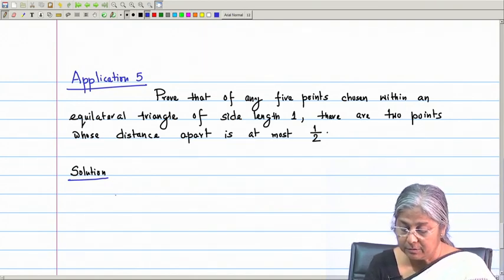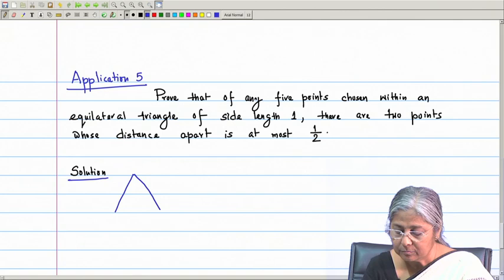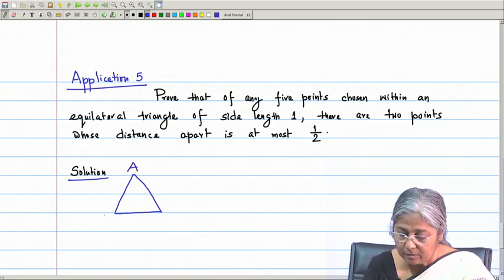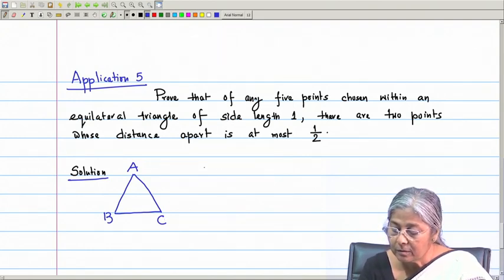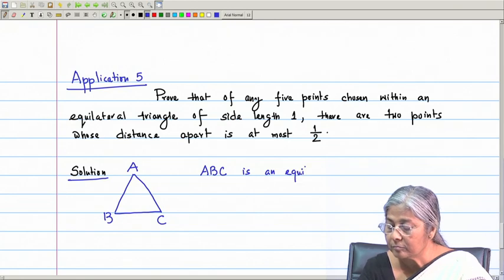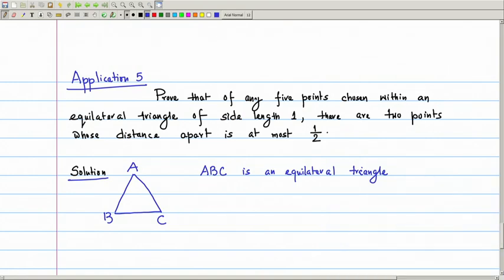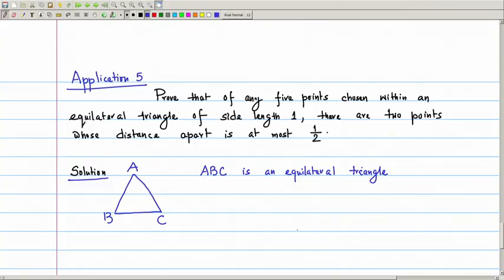I draw an equilateral triangle ABC. And we have to prove that there are 2 points in the interior of ABC whose distance is at most half.